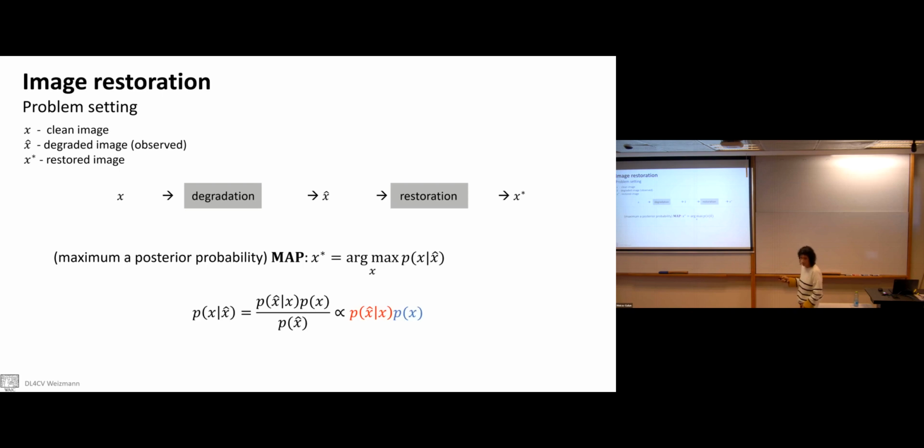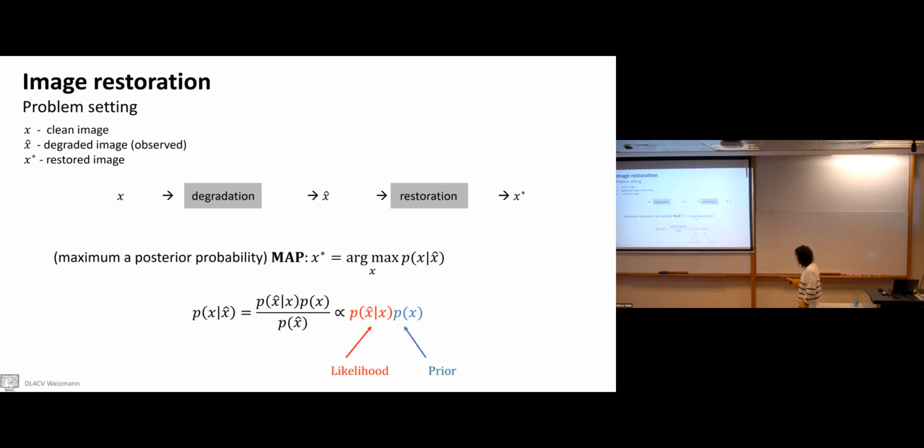Using Bayes' rule, what are you going to get? I'm going to get this conditional probability, and this P of X, which is actually the prior, divided by something which is not very relevant to the optimization, because it's just a constant, I can neglect it. So I can look at this.